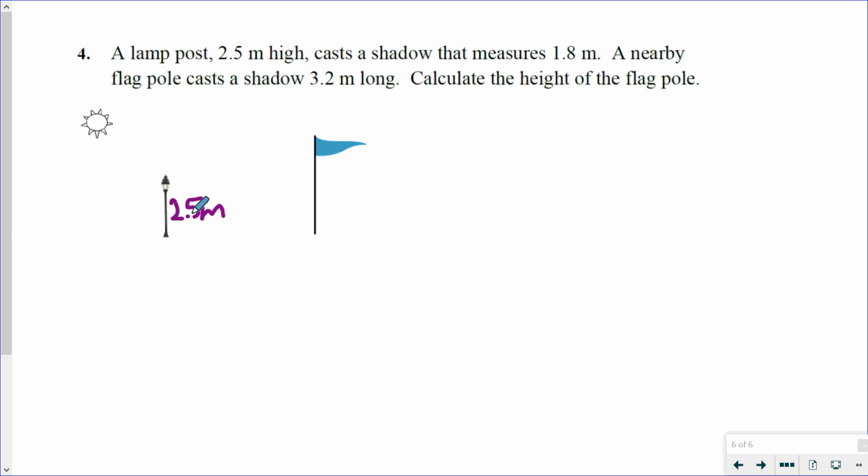It's casting a shadow that measures 1.8 meters. So it's a shadow and it's 1.8 meters. And nearby you have a flagpole that is casting a shadow also of 3.2 meters long.